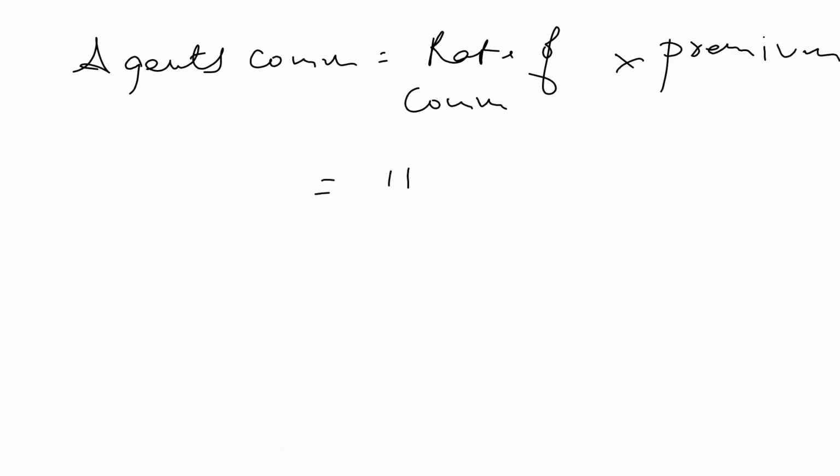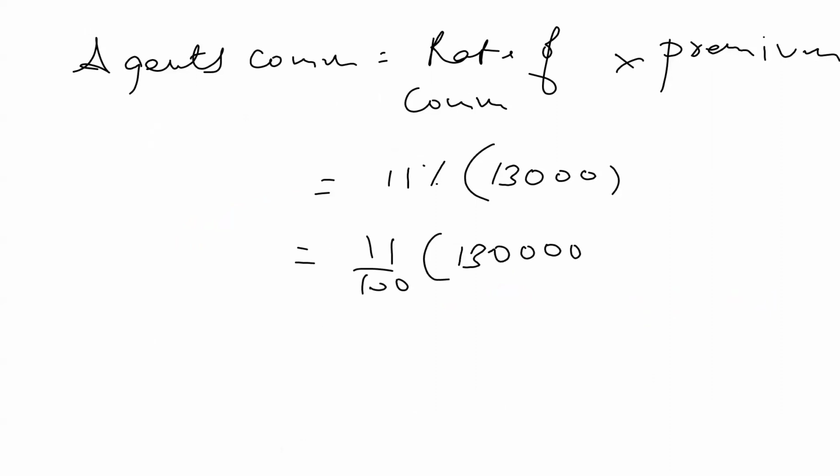So the rate of commission is 11%. The premium being received, clearly given in the problem, is 13,000. So 11 upon 100 into 13,000. Cancel the two zeros. So rupees 1430.